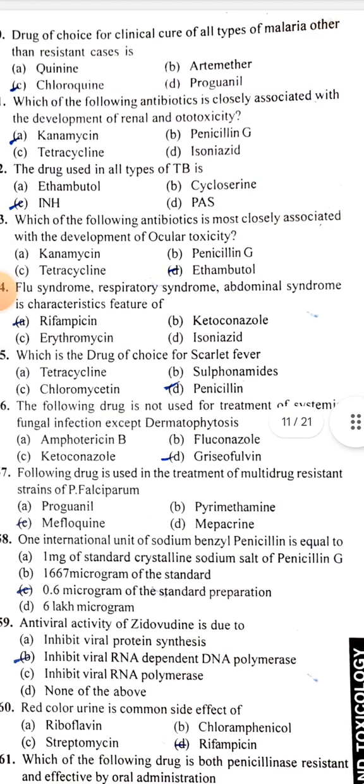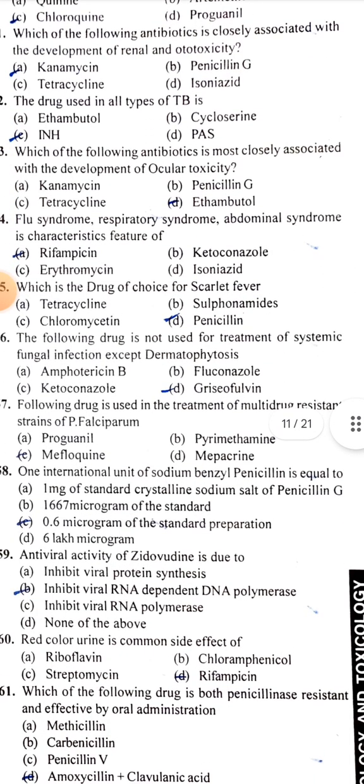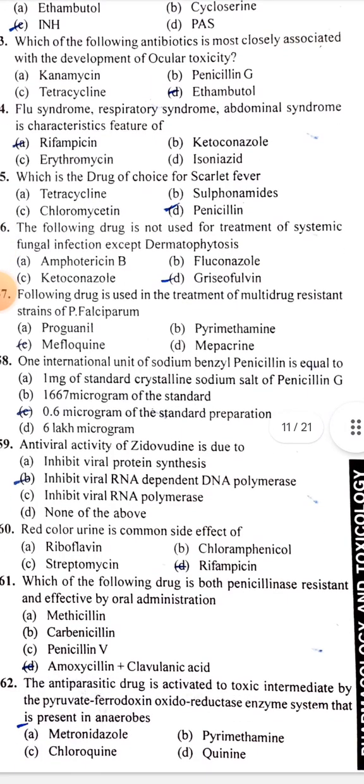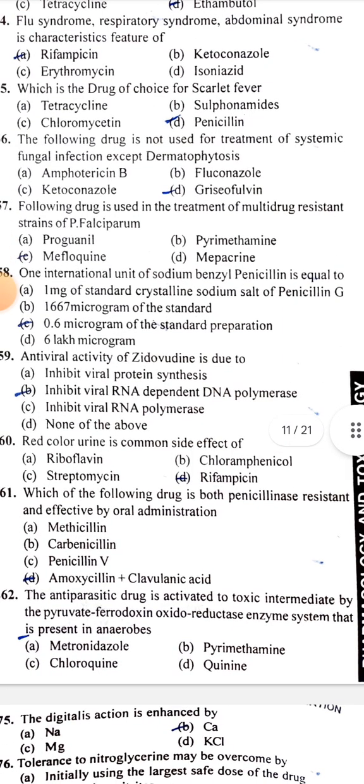The following drug is not used for the treatment of systemic fungal infection except dermatophytosis: griseofulvin. The following drug is used in the treatment of multi-drug resistant strains of Plasmodium falciparum: mefloquine. 1 international unit of sodium benzyl penicillin is equal to 0.6 microgram of the standard preparation.